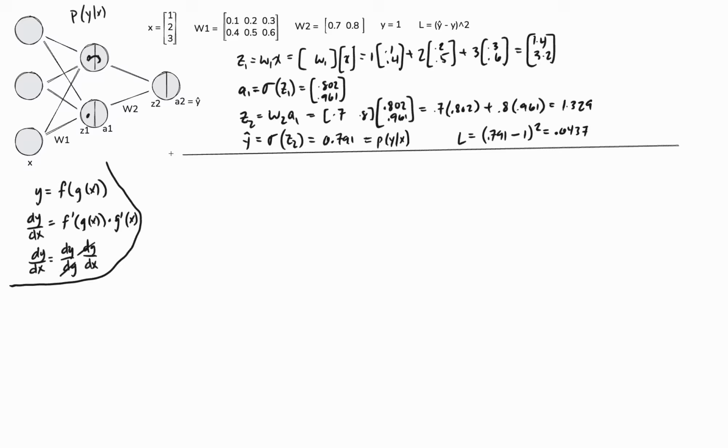So what we're really interested in here is we want to update our weights, our model parameters in W2, to increase the probability of the correct answer for this label.